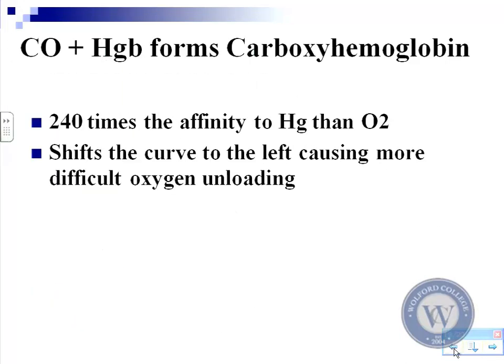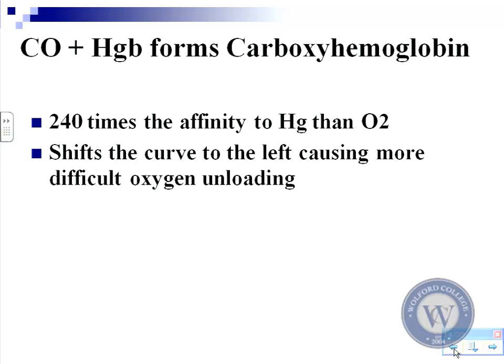All right, now when you look at carbon monoxide and hemoglobin, they form a binding called carboxyhemoglobin, which has 240 times the affinity of oxygen for the hemoglobin molecule. So once that happens, basically you're poisoning the truck. Okay?